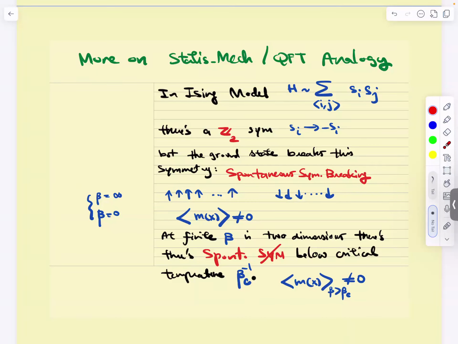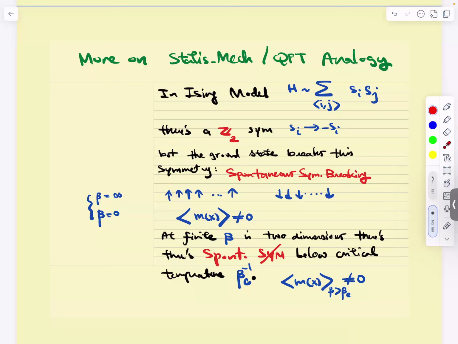However, in 2 dimensions, that's not the case. At finite temperature, there is a critical temperature in the Ising model, an inverse critical temperature. What is M of X, the magnetization, called? It's non-zero when you have order, right? It's zero when you don't have order. It's called an order parameter.